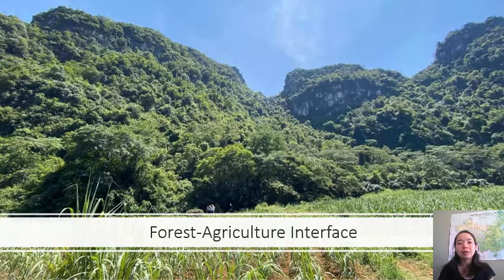So now we understand that forest agriculture interface is an important zone in this karst area of Guangxi, both for conservation and for livelihood reasons. We found that there's not a ton of information about what's happening here. So we set out to characterize the vegetation in this interface zone.